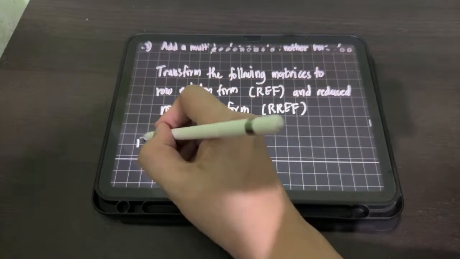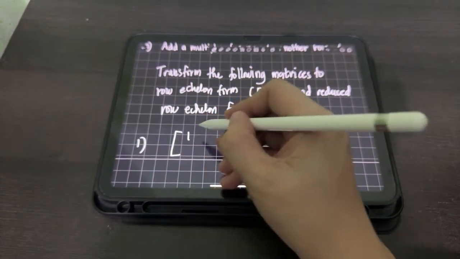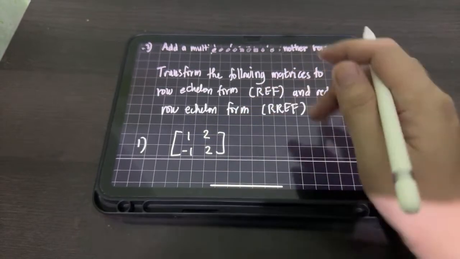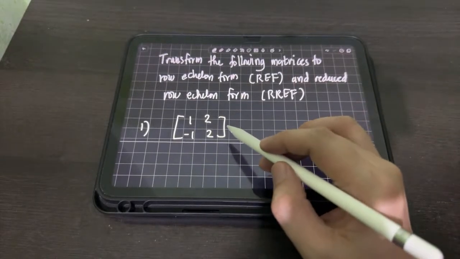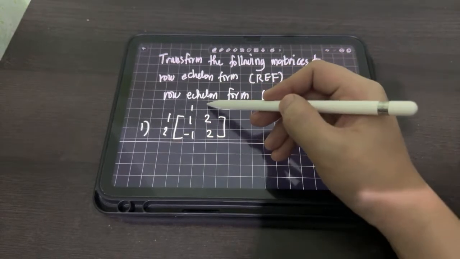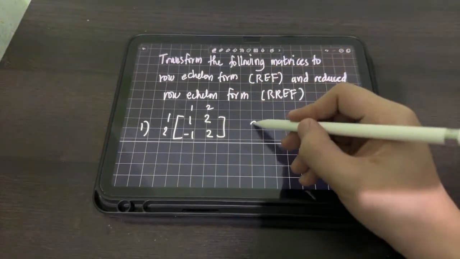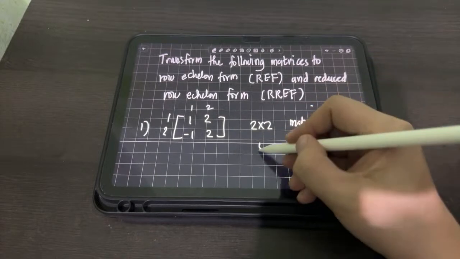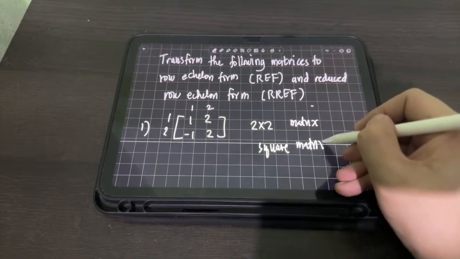Okay, the first one, we have the matrix with entries 1, 2, -1, 2. So we have a square matrix having the same number of rows, 2, and number of columns, also 2. So this is a 2 by 2 matrix, or square matrix of order 2.